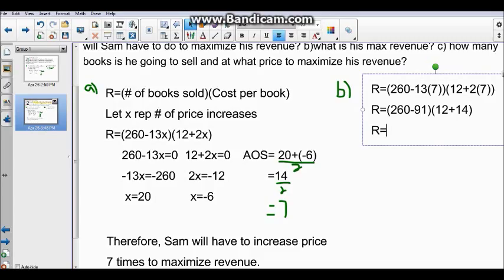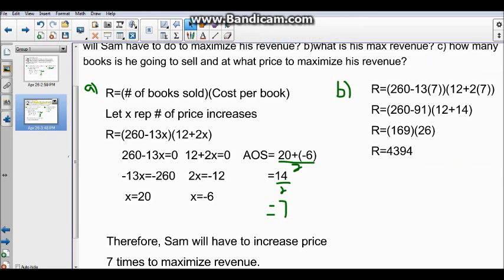So revenue equals 169 times 26. Revenue equals 4,394.